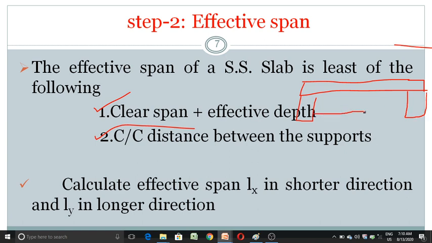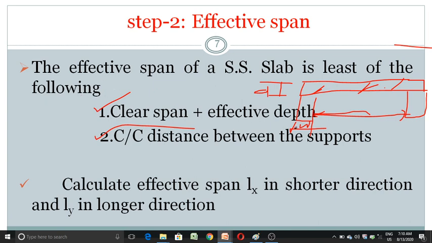The clear span is nothing but the distance between the inner face of the support to the inner face of the support, and this is the width of a support. In both cases we have the same width, and the effective depth of this beam is small d, right?